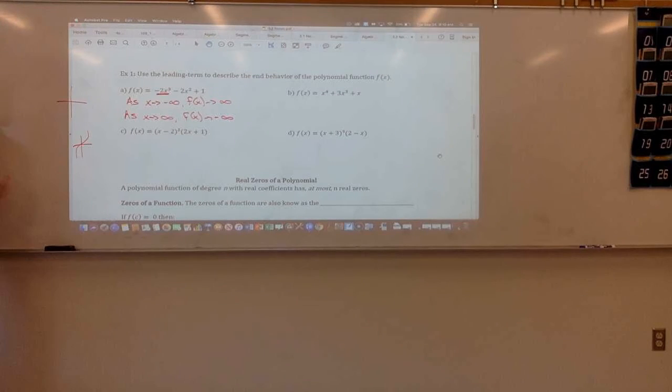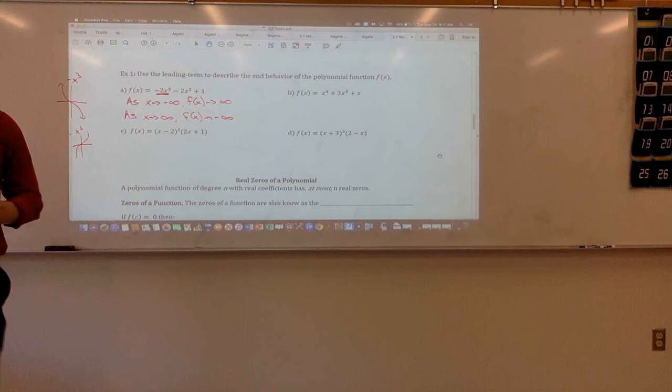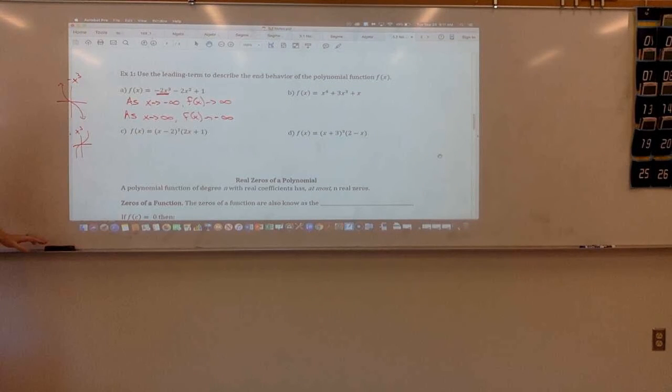So if I take the opposite of x cubed, that's going to go the other way, right? Negative x cubed will do something like this. Okay, so I can hopefully visualize the end behaviors, right? Okay, and again, that comes back to knowing what the parent functions are. Okay, if you want to sit there and use your arms, you're more than welcome to do that too.